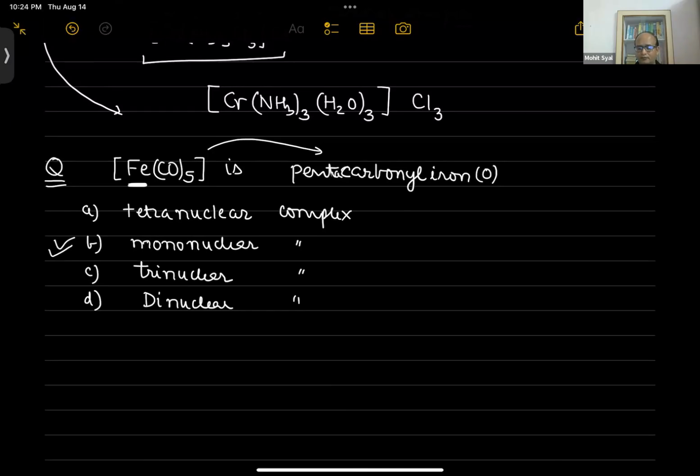For example, if you take Fe(CO)5, that will be mononuclear. Fe3(CO)12, that is going to be trinuclear. Got it?